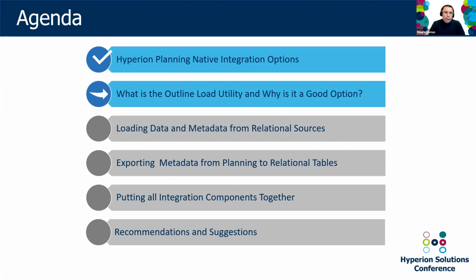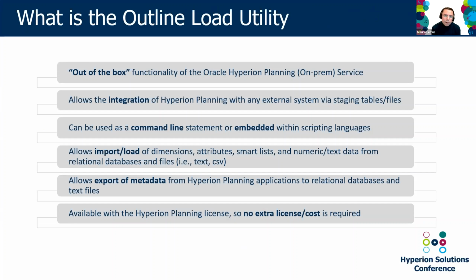All right, let's see what the outline load utility is and why it is a good option for us. Well, this is out-of-the-box functionality of the Oracle Hyperion Planning on-prem service. It allows the integration of Hyperion Planning with any external system, be it tables or files. We can use it as a command line statement, or we can embed it within any scripting language. It allows you to import and load dimensions, attributes, smart lists, numeric data, and text data from relational databases, and also from any text file like a text or CSV file.